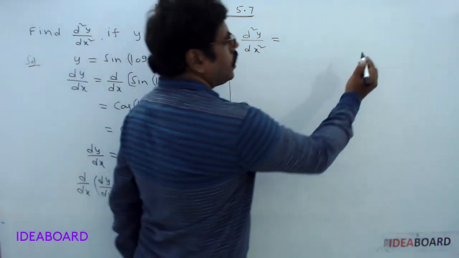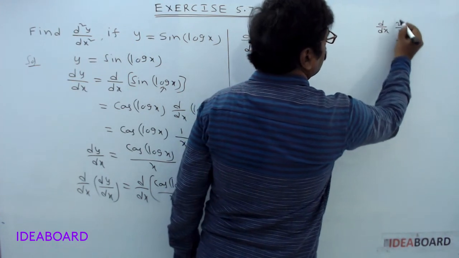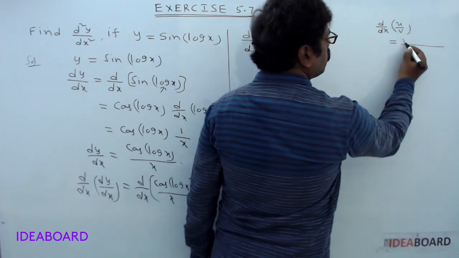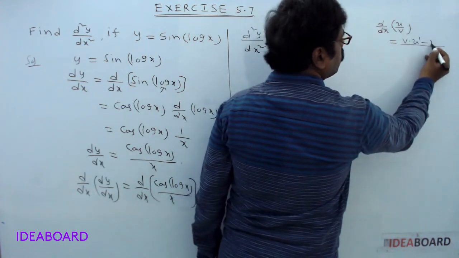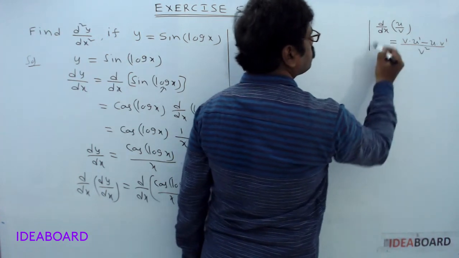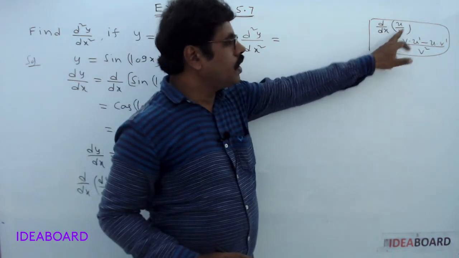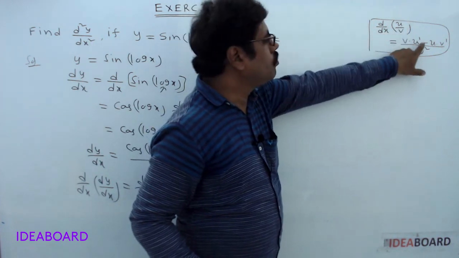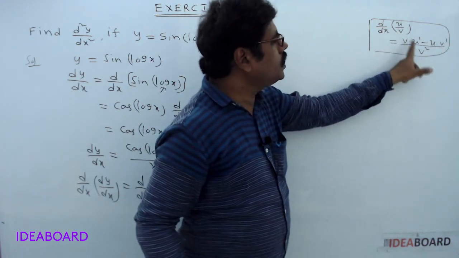Now tell me the formula for the derivative of u by v. The derivative of u by v is equal to v into the derivative of u minus u into the derivative of v, divided by v square.